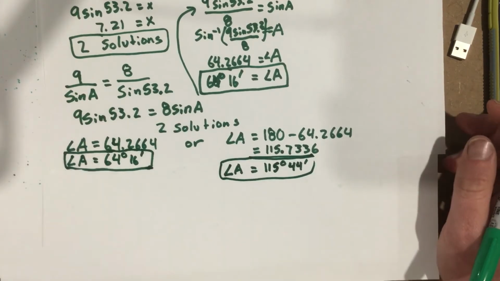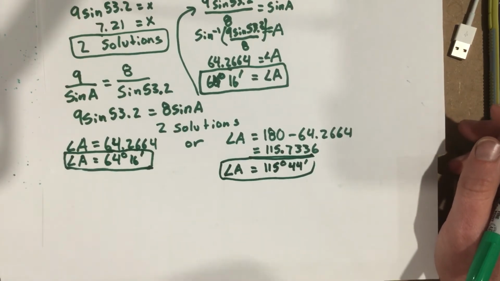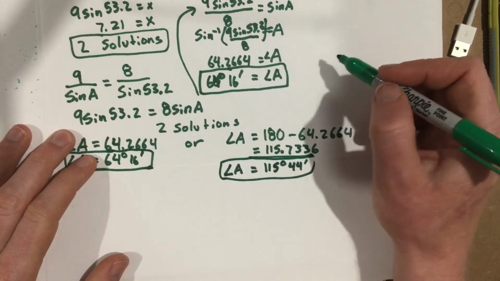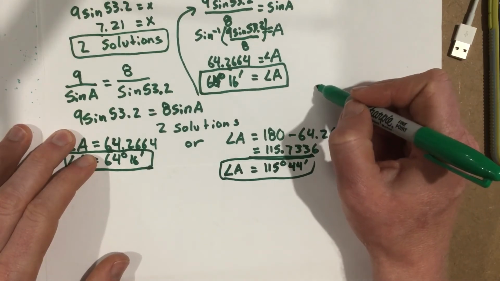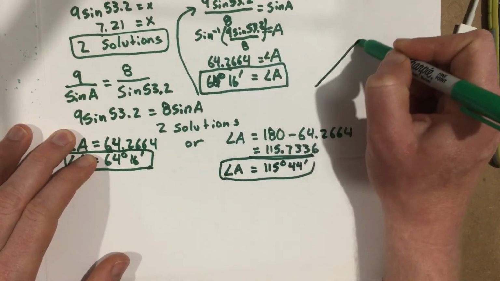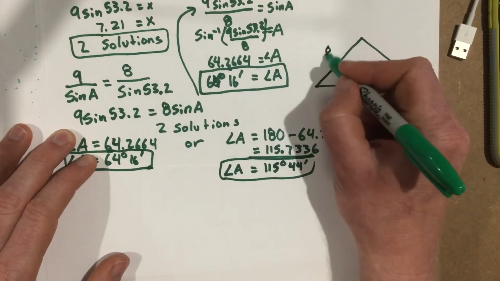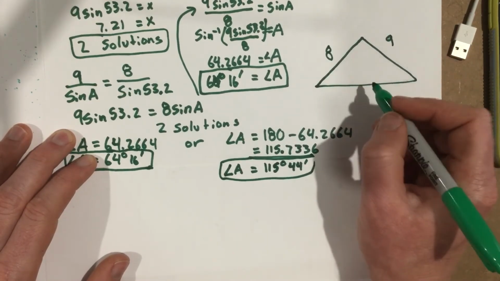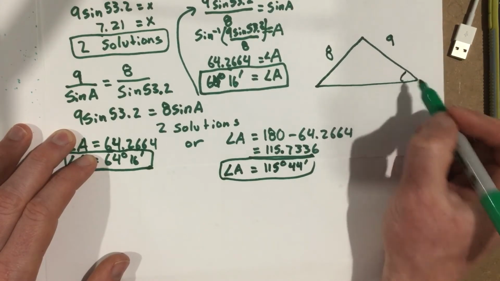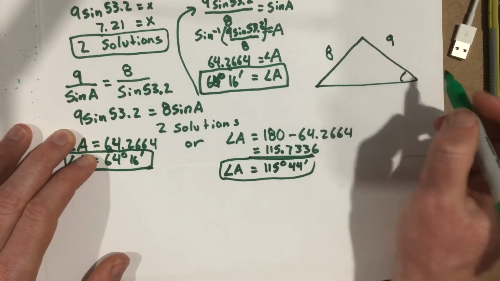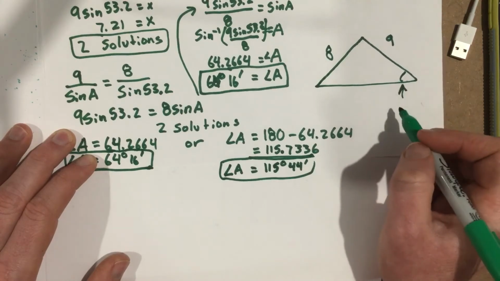All right, now these are our possible answers, and I'm going to draw this out to the right again. Remember, we have this triangle that looks like so. This is 8, this is 9. We know that this is 53.2, so we mark that here.